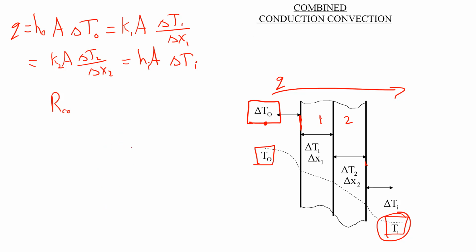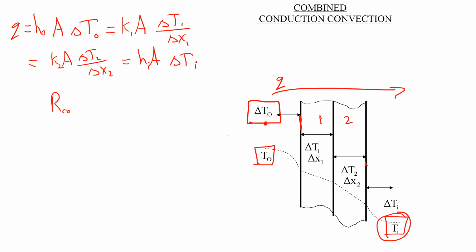So if I do that, I get Q over HA for delta T0. For delta T1, I get Q divided by KA divided by delta X. I get the same thing for delta T2, and for delta T for the inside air, I would get Q over H inside A. So if I solve all those equations in terms of resistance, I would get the following.